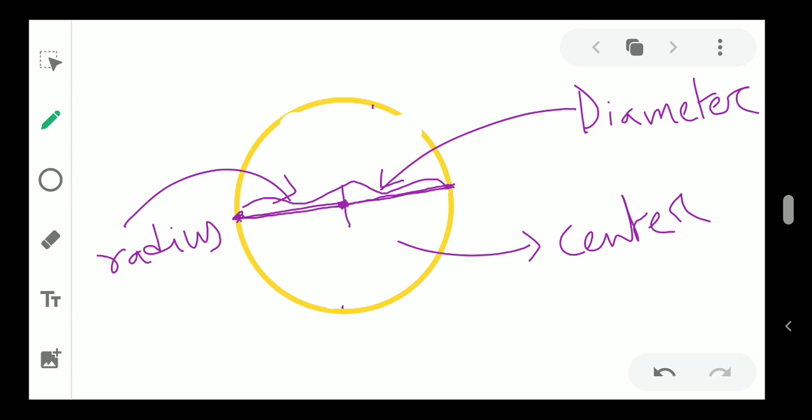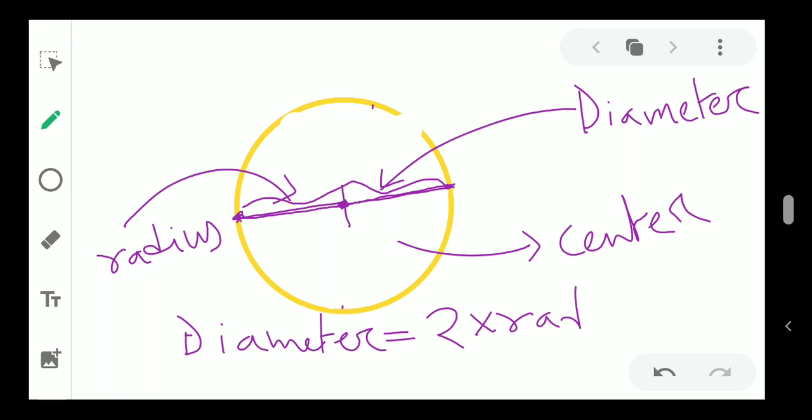One thing we have seen is that the diameter is twice the radius. So we have learned that the center is a point from which the distance to any point on the boundary is the same, the radius is that distance, and the diameter is twice that radius.